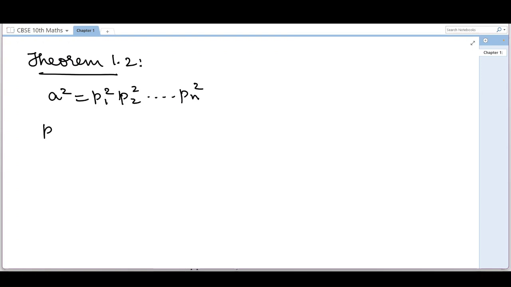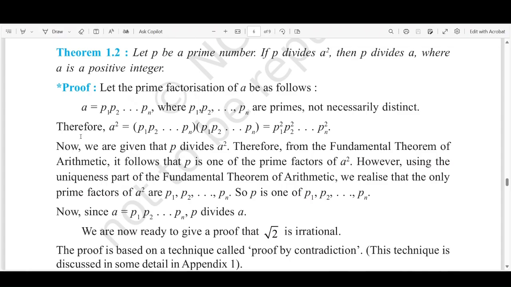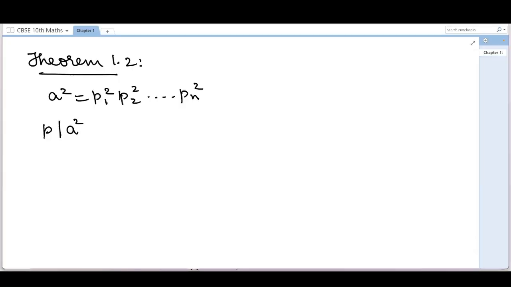Now we are saying p divides a square, which means p is a factor of a square. So p should be one of the terms p1, p2, etc. pn according to the fundamental theorem of arithmetic. Fine. We know that p1, p2, etc. pn are nothing but prime factors of the number a.